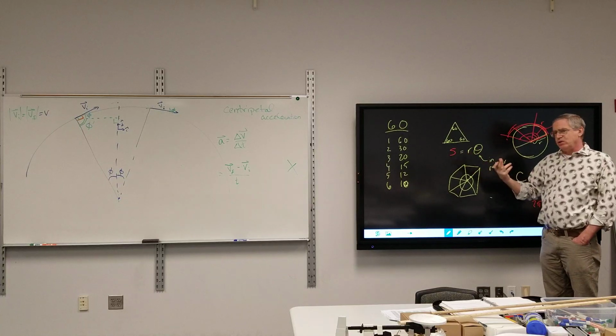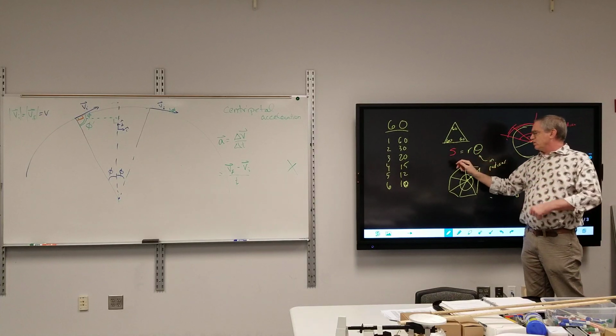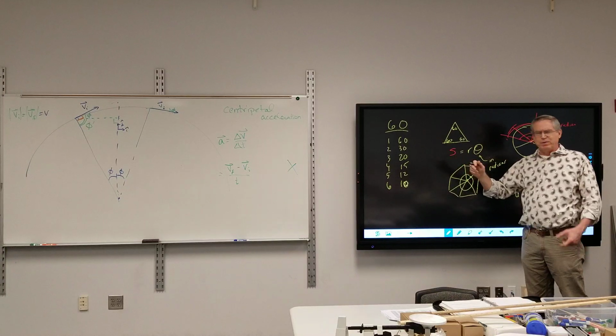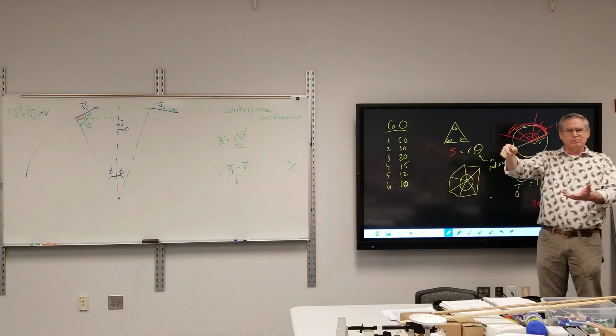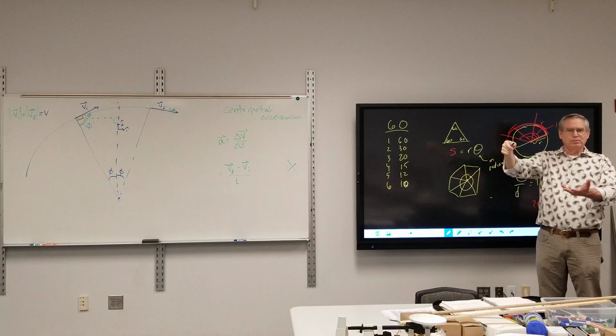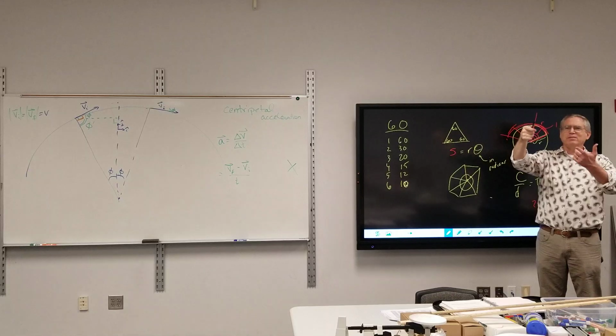Now, if we look at the units, and this goes back to something that was said earlier, what would be the standard unit for arc length? S. For arc length? Length? Meters?